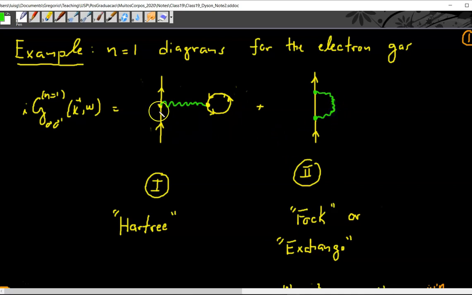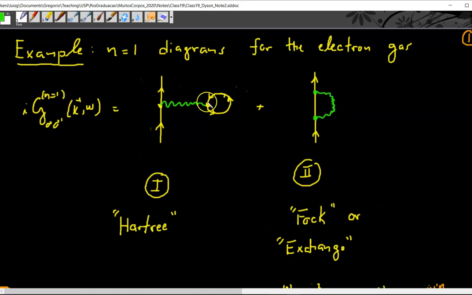Okay. So we're calculating the n=1 terms in the Green's functions. So we have here, say, the contribution from this diagram, right? And this other one. They're the two connected diagrams that will contribute to the first order term.